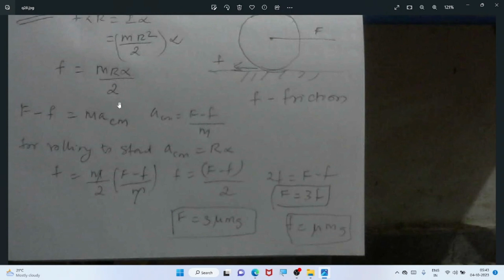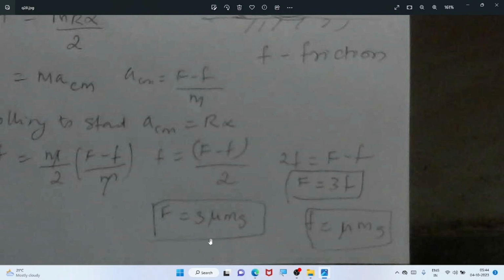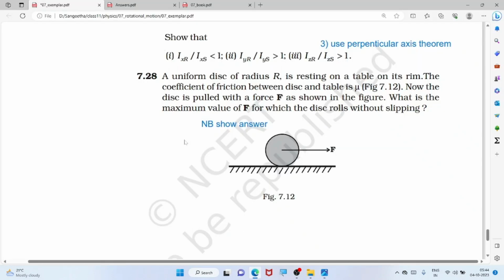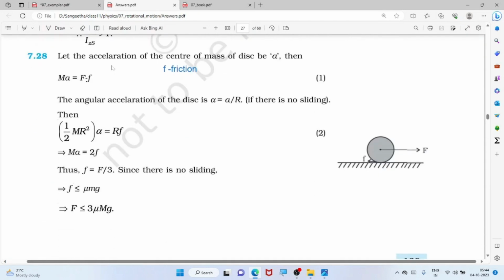Then you substitute m by 2, r alpha. The acceleration of the center of mass is R alpha, so you substitute this, and you will get the force equal to 3 mu m g. This is the condition.